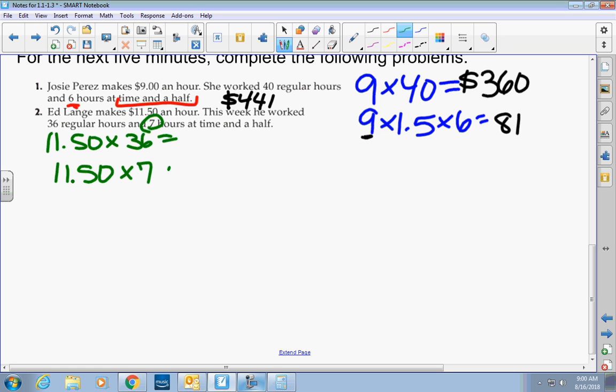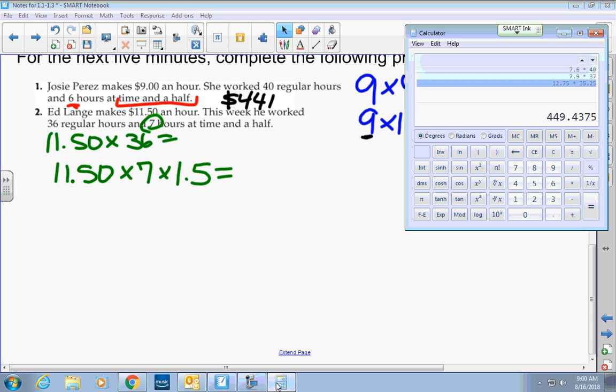So he makes those 7 hours at time and a half. Thankfully, multiplication doesn't care which order you multiply stuff in. So I can multiply the 1.5 after the 7, or I can multiply it before the 7. When you do the math, 11.50 times the 36 is 414.